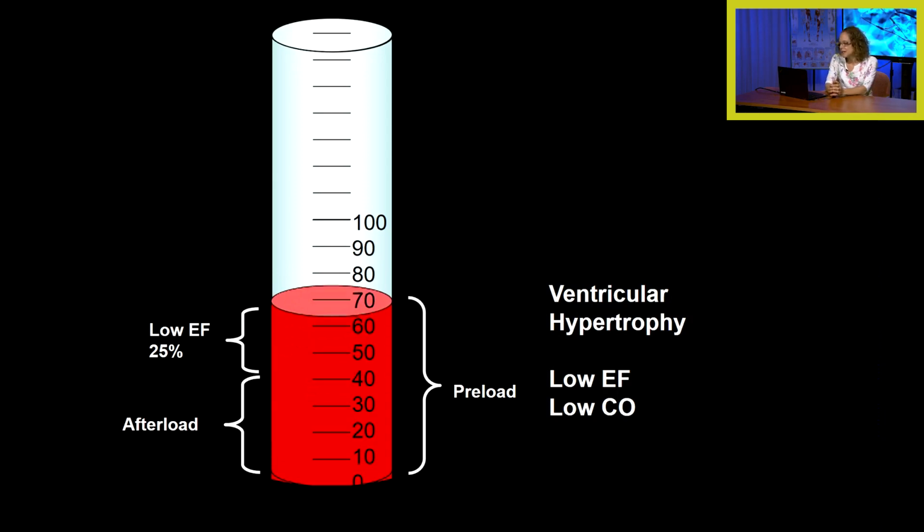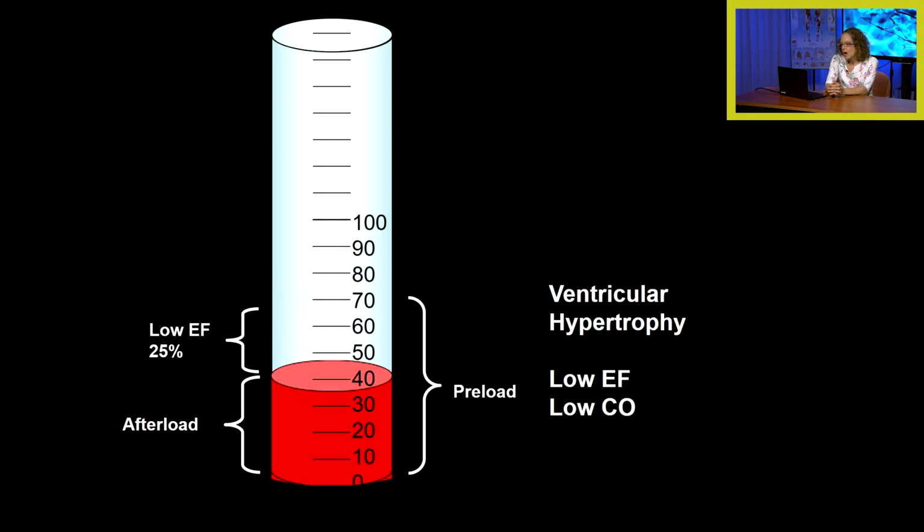What we see here in ventricular hypertrophy is a low ejection fraction, again a low cardiac output. We can see that our preload and our afterload are not way off the charts.